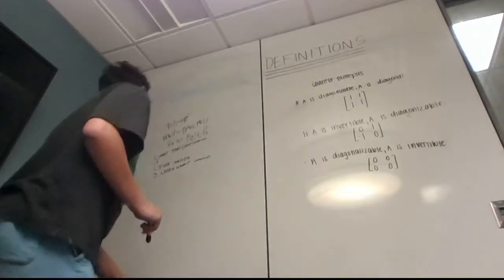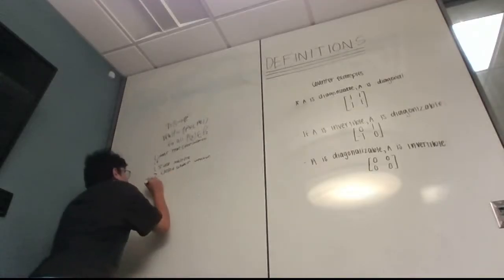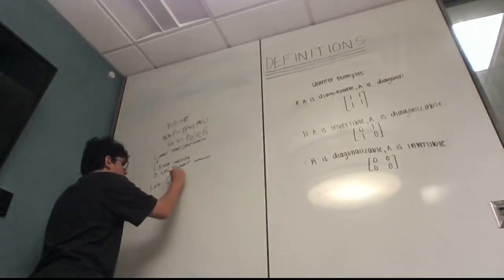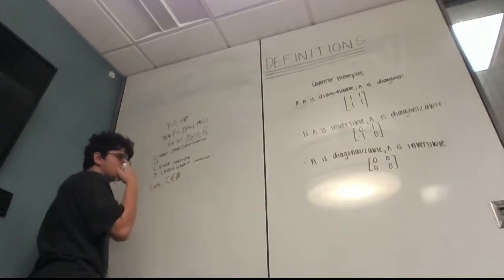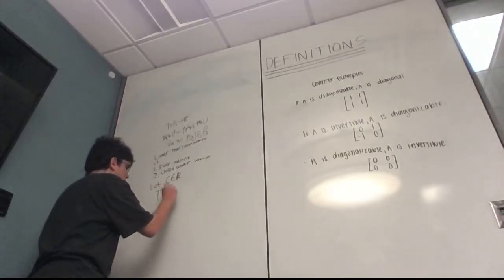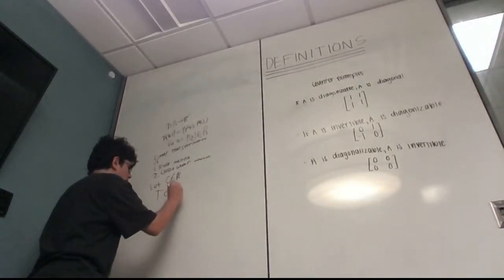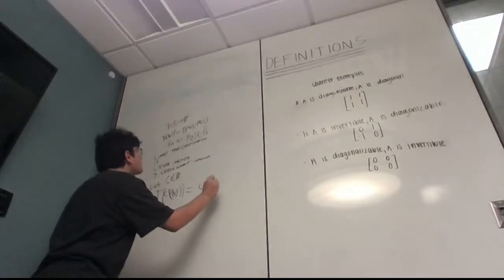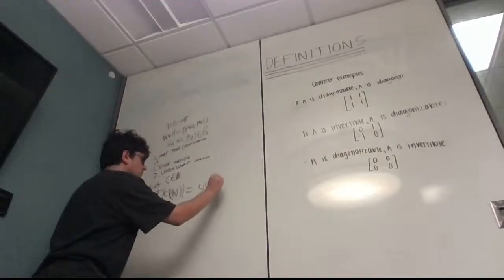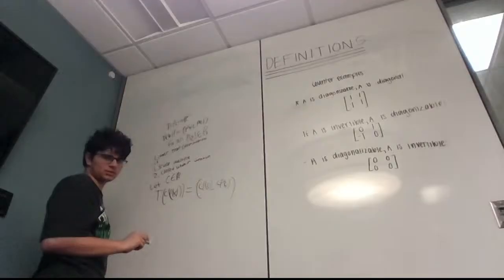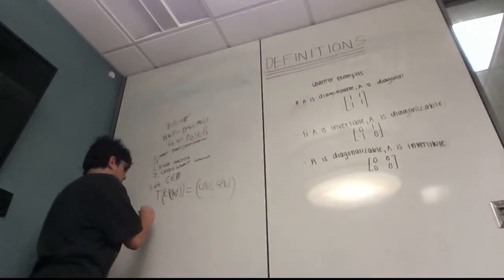So, scalar multiple. Let C be a scalar in the number set, and let's do T of C P of X, which is C P of 0, C P of 2, right? I'm gonna check my answers after to make sure I'm not being stupid. And now you can factor this out.